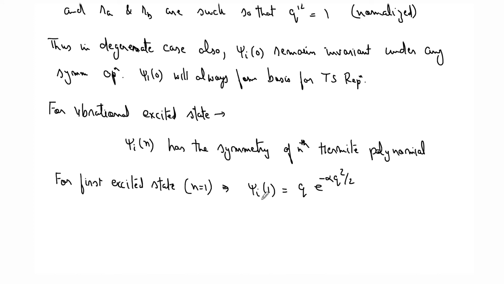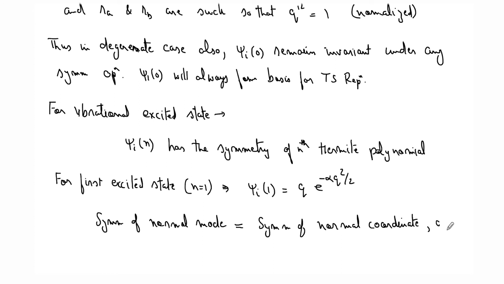So the first excited state will have the symmetry of the normal mode itself. Okay, so let's say the symmetry of the normal mode, which was determined in the last lecture, is equal to the symmetry of the normal coordinate Q, and this is equal to the symmetry of the first excited state. So this is clear.